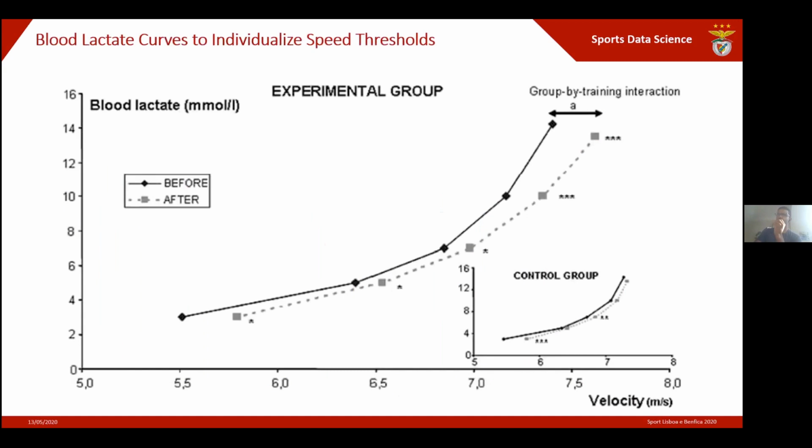And so these sort of blood lactate curves help us get to more individualized speed thresholds and lets us understand what does it actually mean for a particular player to do a sprint from an internal load method, not just using an external metric. Can't necessarily show anything here because it's highly personal data to the athlete, but hopefully you get the concept. We're simply just fitting a nonlinear regression, finding its inflection point, and then from that we can create different segments for the player's individualized speed threshold.